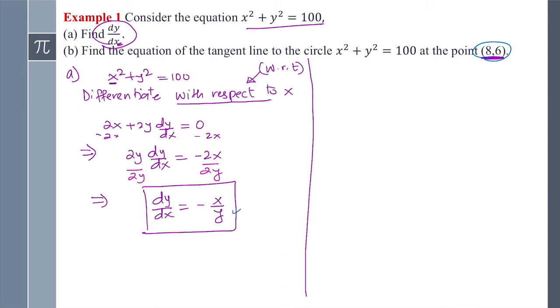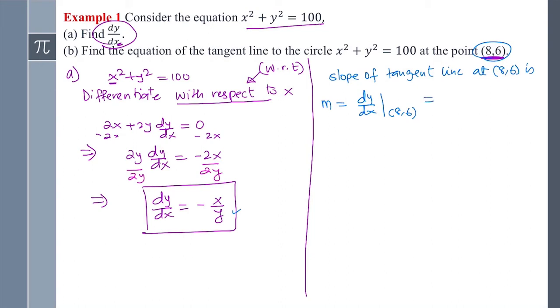Now we need to find the slope of the tangent line at 8 comma 6. The slope m equals dy over dx at 8 comma 6. So we have to evaluate the derivative at that point.